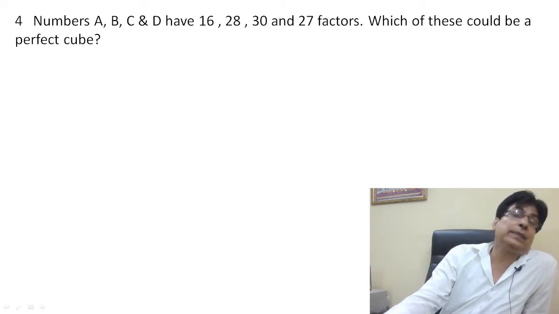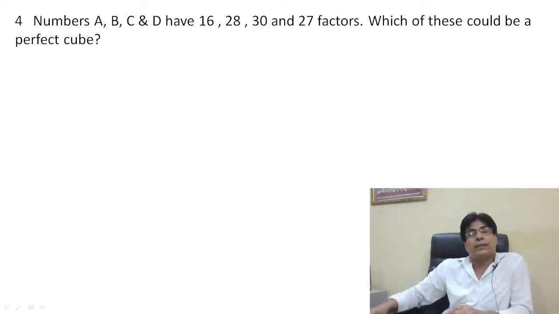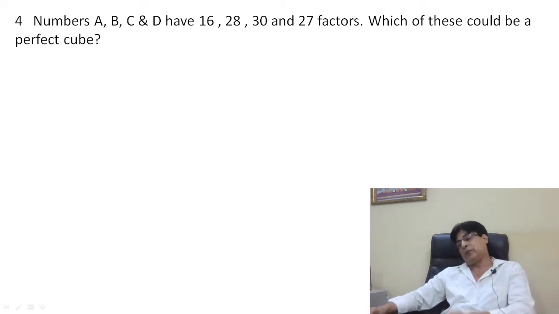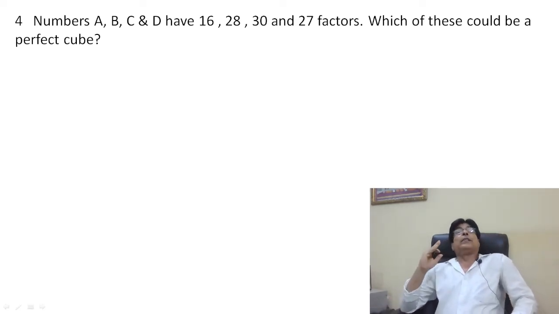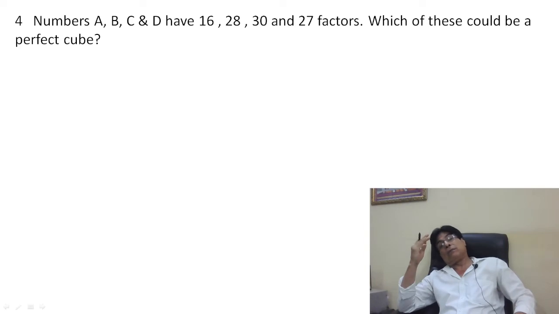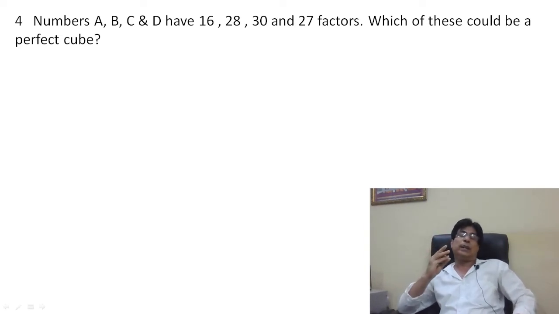Numbers A, B, C and D have 16, 28, 30 and 27 factors. Which of these could be a perfect cube? As you know, the divisors of a given number may be perfect square or perfect cube. When the number is a perfect square, the powers of the prime factors must be 2 or a multiple of 2.